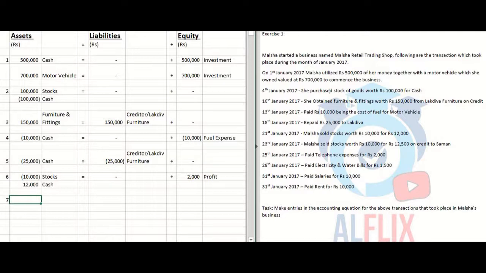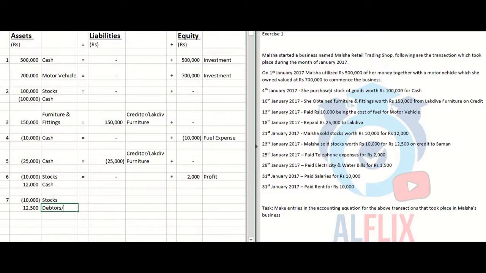So how this will affect is, like the previous transaction, stocks would decrease by rupees 10,000 in terms of stocks, as stocks outflow takes place in the business, and then there is an increase of 12,500 in terms of debtors, who are also an asset of an organization.